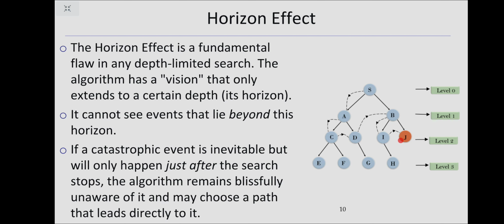Because of that, if there is a catastrophic event in the tree just after the level that you stop the search, the algorithm remains unaware of it and may choose a path that connects to it in the worst case.